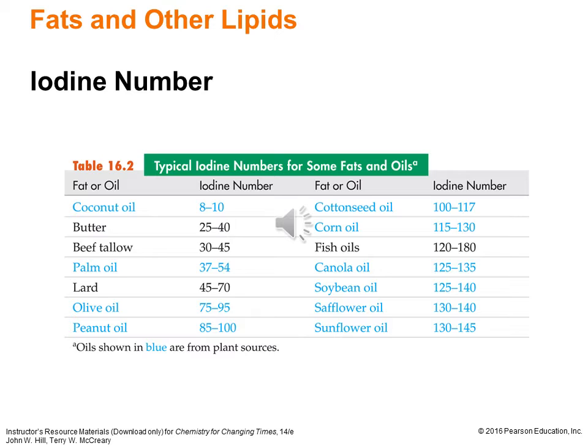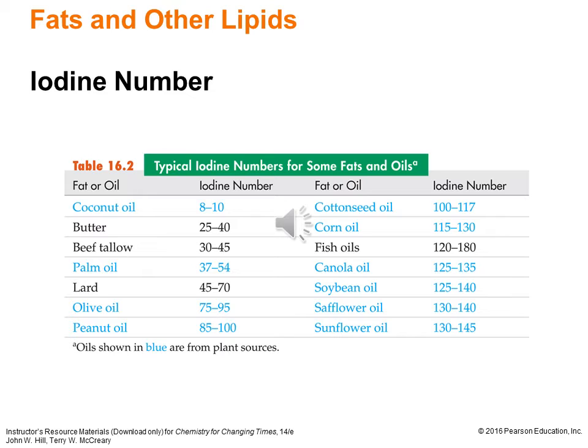If we compare things like safflower oil and sunflower oil toward the bottom, those are polyunsaturated fatty acids that go into making those oils, and you have very high iodine numbers as a result. So it's good to have some of the polyunsaturated, good to have some of the monounsaturated, and it's even good to have some of the saturated fats in a healthy, balanced diet.